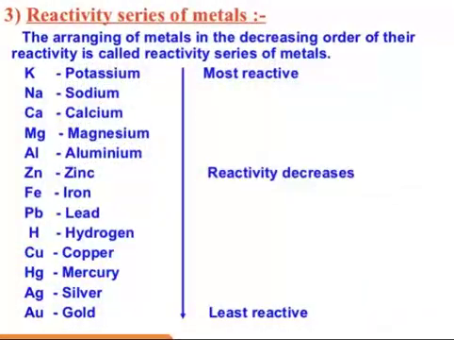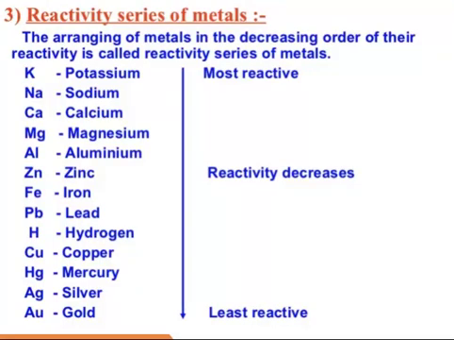Next, we are going to see the reactivity series of metals. Arranging metals in the decreasing order of their reactivity is called the reactivity series of metals. The chemical reactivity of metals decreases as we go down the series.